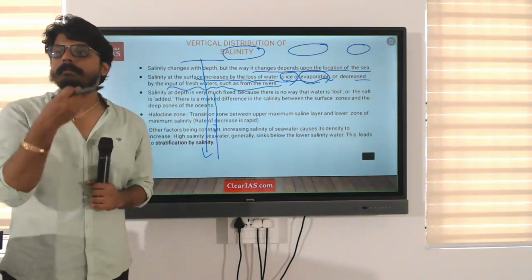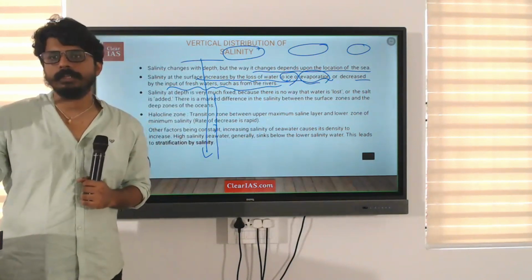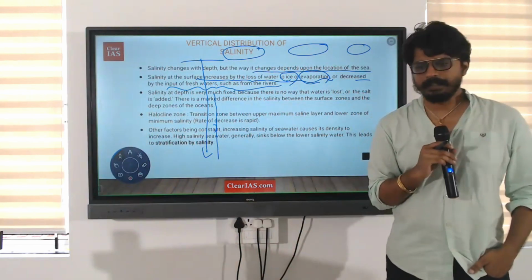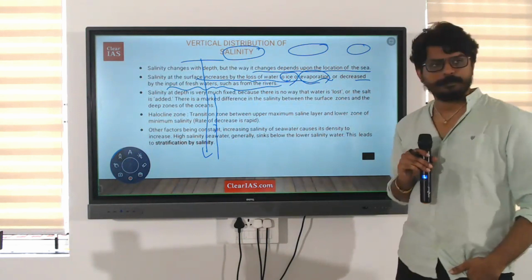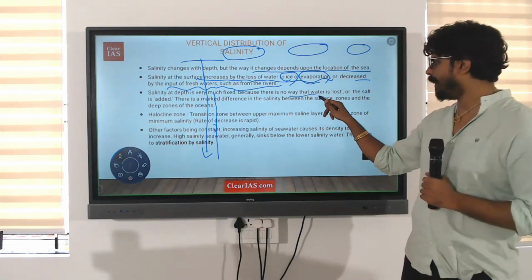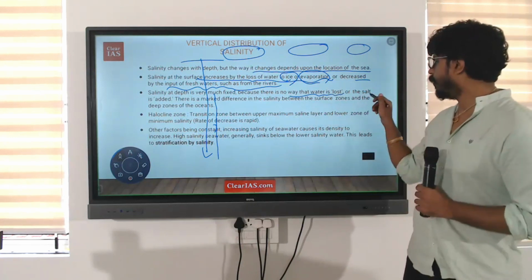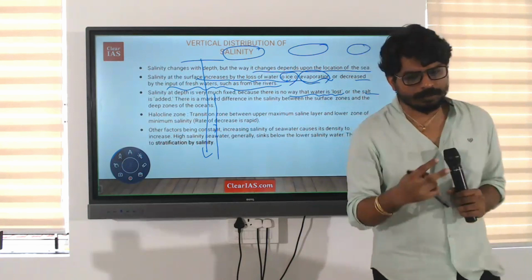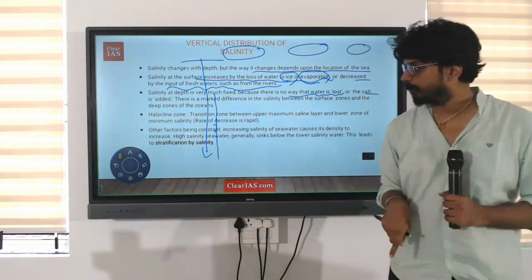Because there cannot be any addition or removal of salt there. Salinity at depth is very much fixed because there is no way that water is lost or salt is added. There is no way to remove water from the ocean bottom or add salts to the ocean bottom.